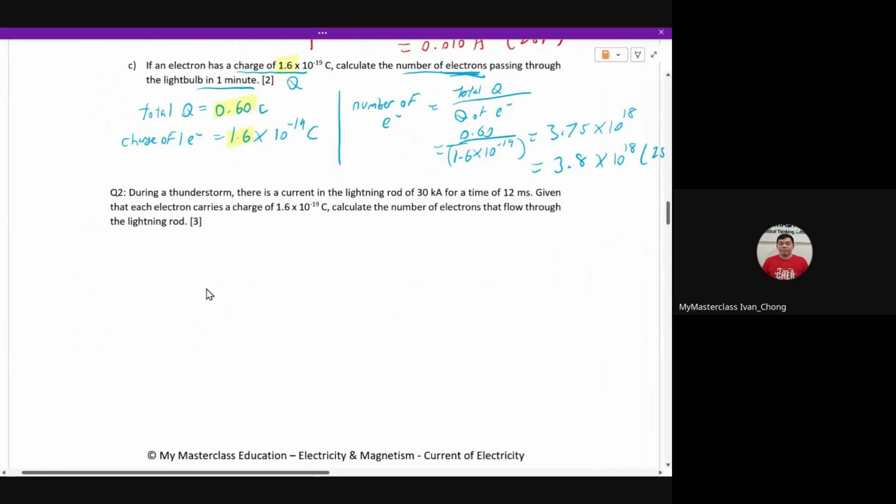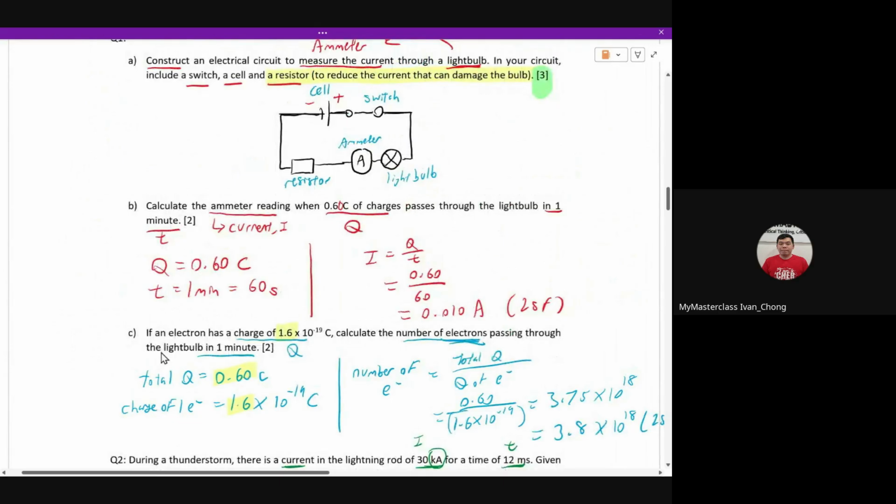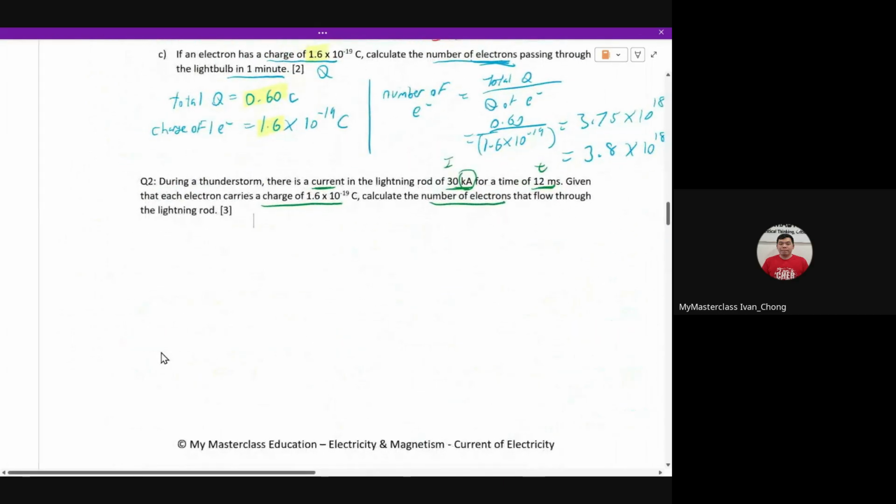Okay. Now next part, you have your current, which is this value, and do take note this is kiloamperes, and you have time. And they ask you to find the number of electrons. So basically, question 2 is just the combined version of B and C. First thing you want to ask yourself is, now I have current.